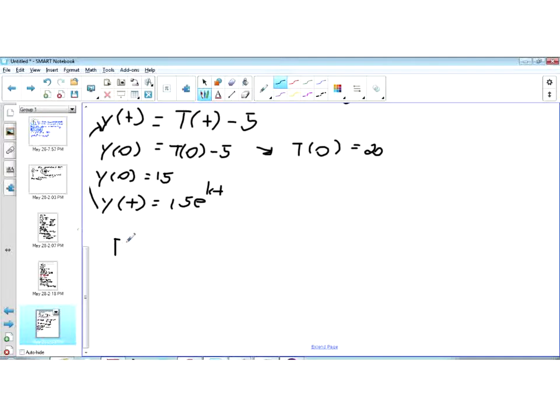Once we make that substitution, we have the temperature at time t is equal to y of t, which is 15 e to the kt, plus 5. So there's your equation for temperature with respect to time.